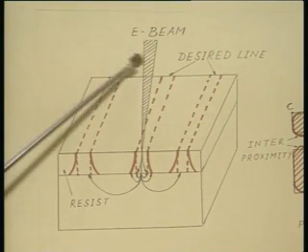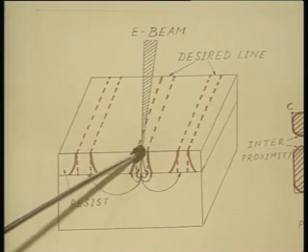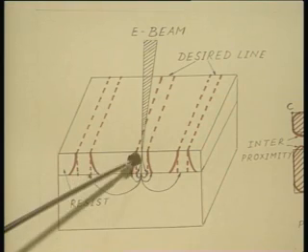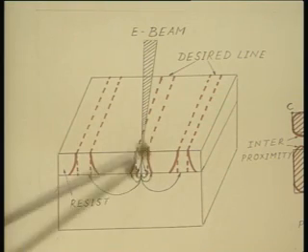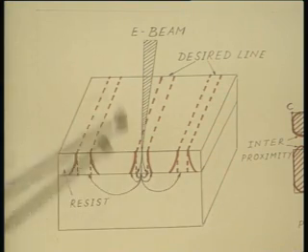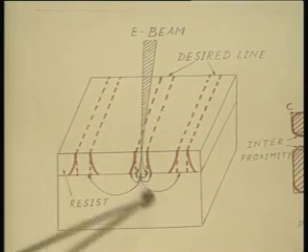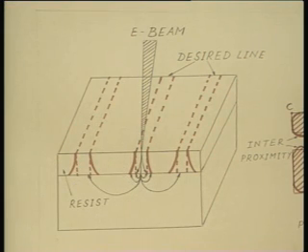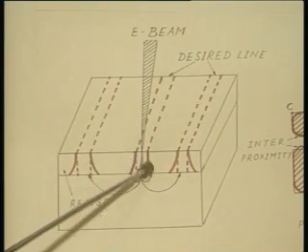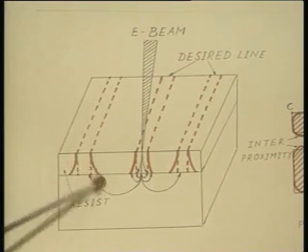Now, what is happening is this: as the e-beam is focused onto this, there is going to be considerable scattering of the electrons, and the curved path actually shows the scattered electrons. The scattered electrons can actually go quite a large distance away from the original pattern, and this will therefore cause broadening of the actual feature size, as has been shown by the red solid line here.